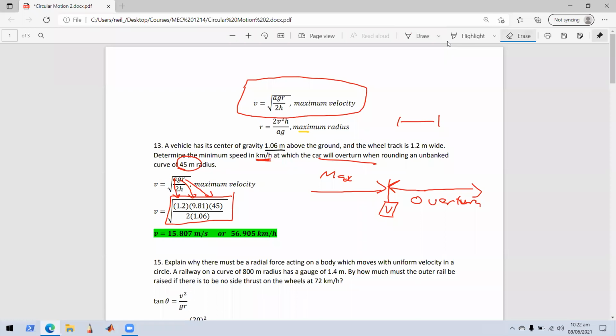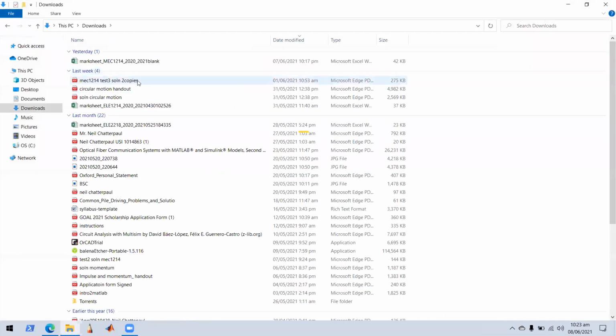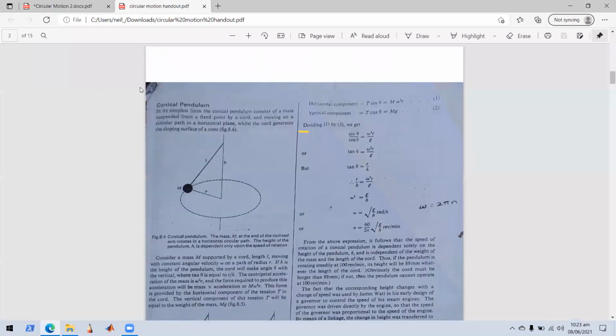Also, sir, in your formula, could you explain why you put max radius? Because the textbook has it as minimum radius. Minimum radius. Really? Let me see. It's probably the same thing.